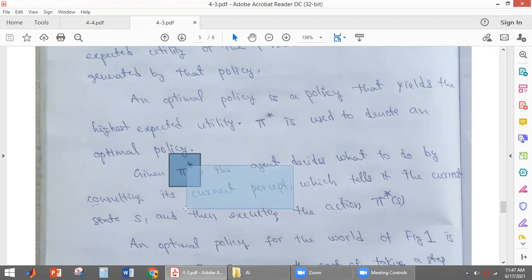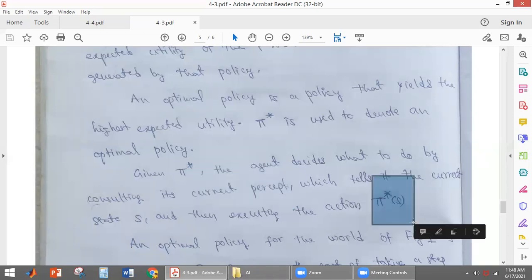Yes or no? The current percept tells the current state of the environment. Then it executes the action specified by pi star of s. Pi star of s is the optimal policy, which also gives you the action to be taken in the current state.